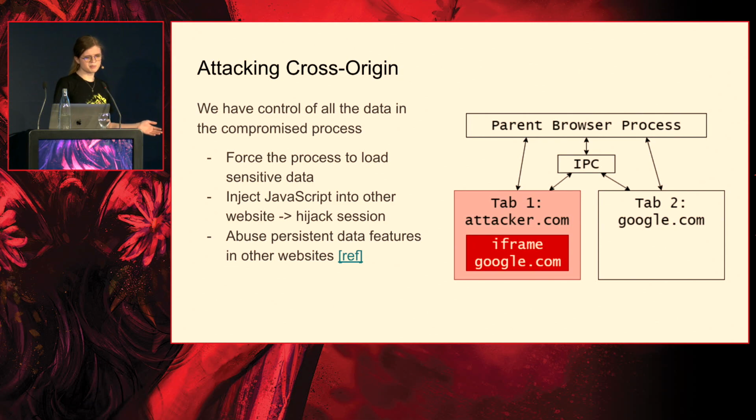But this creates a problem where now a compromised process can read that data, potentially inject scripts into that site, compromise the accounts that are logged in, potentially mess with persistent data, potentially even do something like install a service worker so that later on, when the site is accessed, you still have your JavaScript execution in that site.